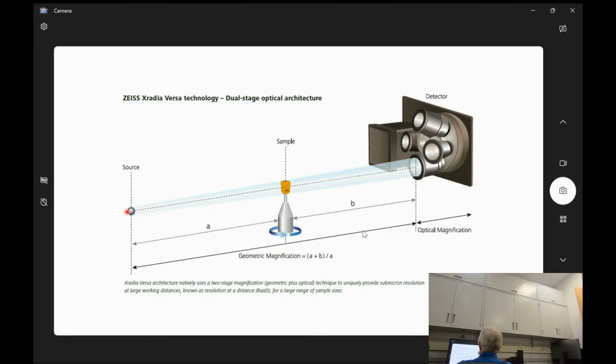I can move my source either far back or very close. That gives me a range of geometric magnifications. So A plus B over A is my geometric magnification. And then I have optical magnification from my scintillator and the size of the scintillator to my camera, which is back here. And between my detectors and my camera, I actually have a physical shutter.